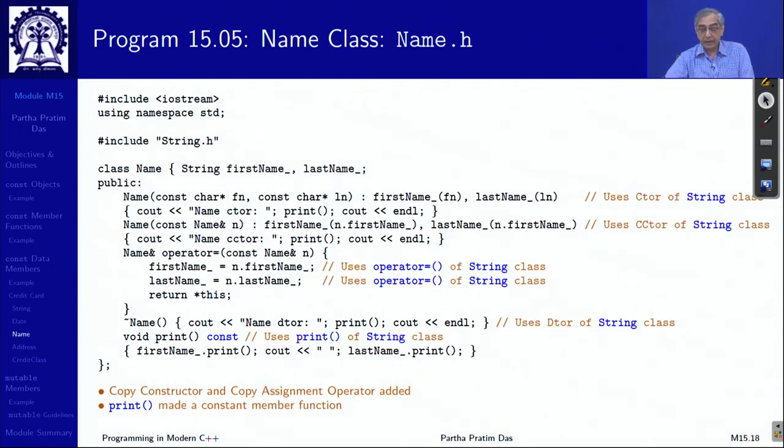There is the name class. In the name class, we have the print made into a constant member function, so that I can print anything that I want. Additionally, we have put the copy functions. We are just trying to show you how slowly the design builds up.